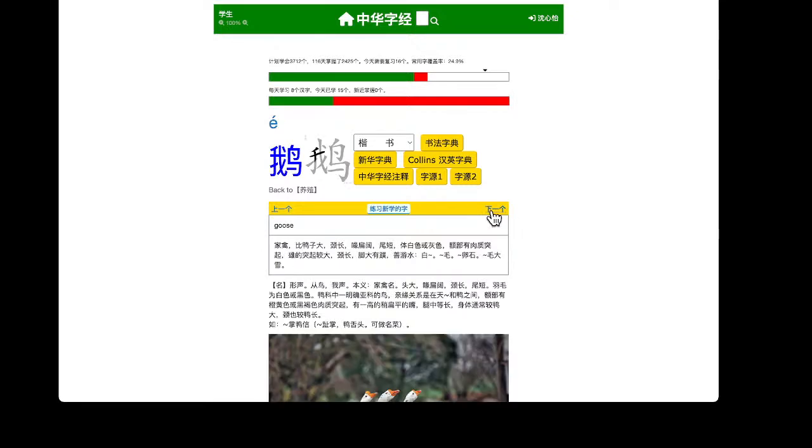Next one is goose. On the right, you'll see this is a character for birds, which originated as a drawing of a bird. And on the left is wa. This is for the sound. It's possible that back in the day when this character was made, wa was not pronounced exactly as it is today, but something in the vicinity of wa or geese.